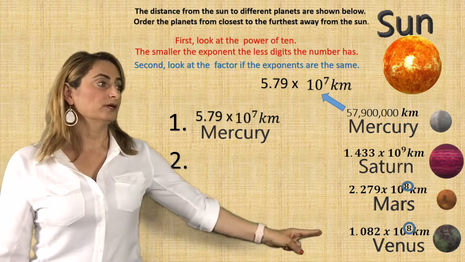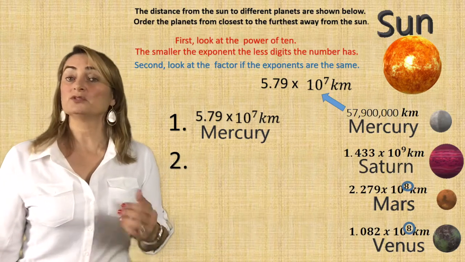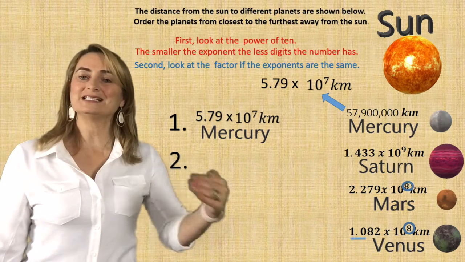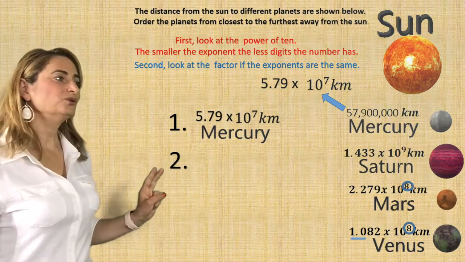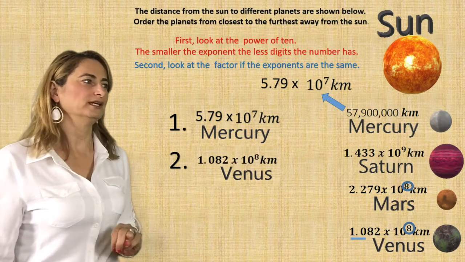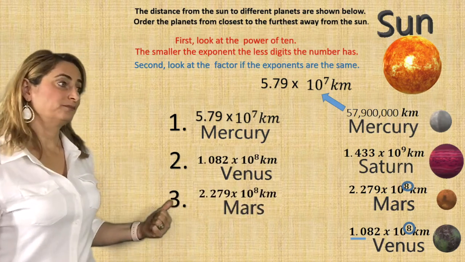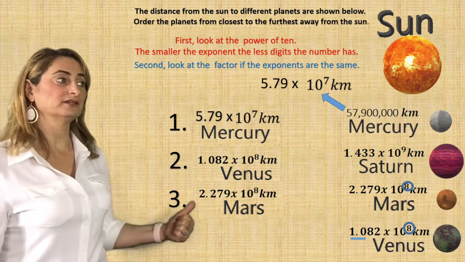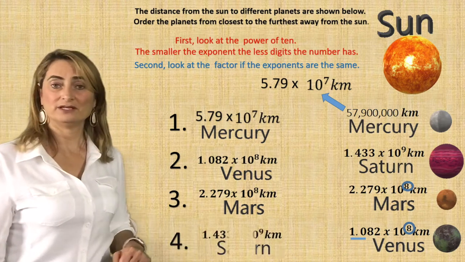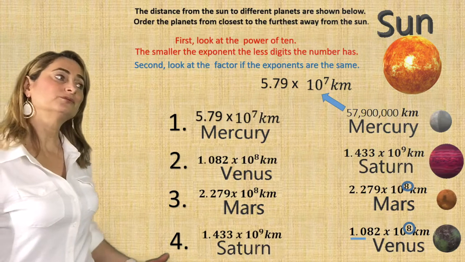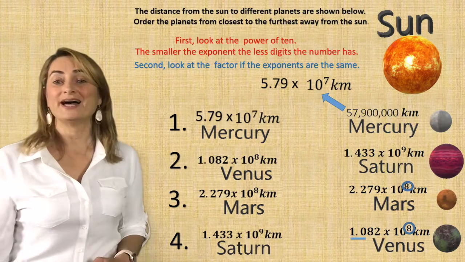Is it 1.08 or 2.27? The smaller number, that means the least distance from the Sun. So you got Venus of 1.082 times 10 to the power of 8. Then it goes Mars 2.279 times 10 to the power of 8 kilometer. And the last number would be, or planet would be Saturn, which is the furthest away from the Sun.